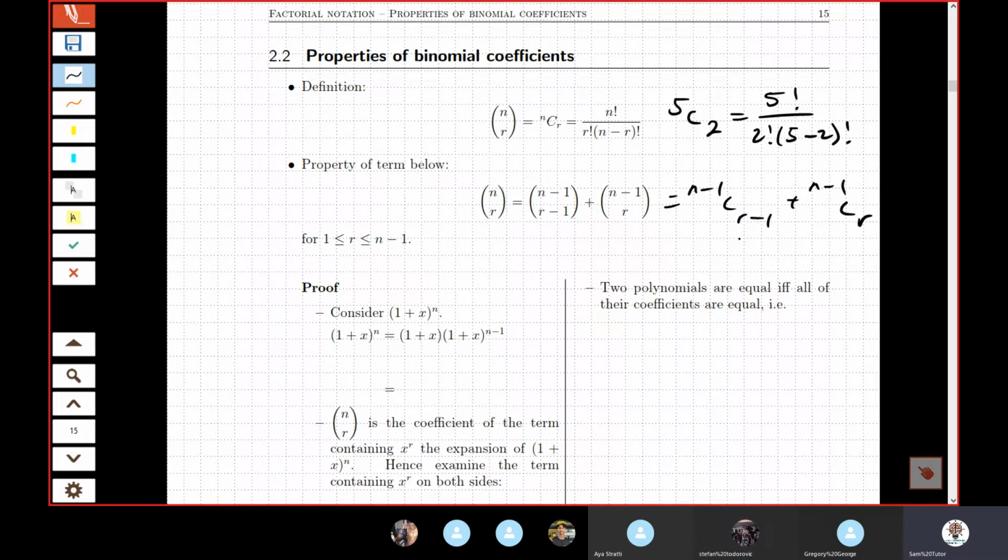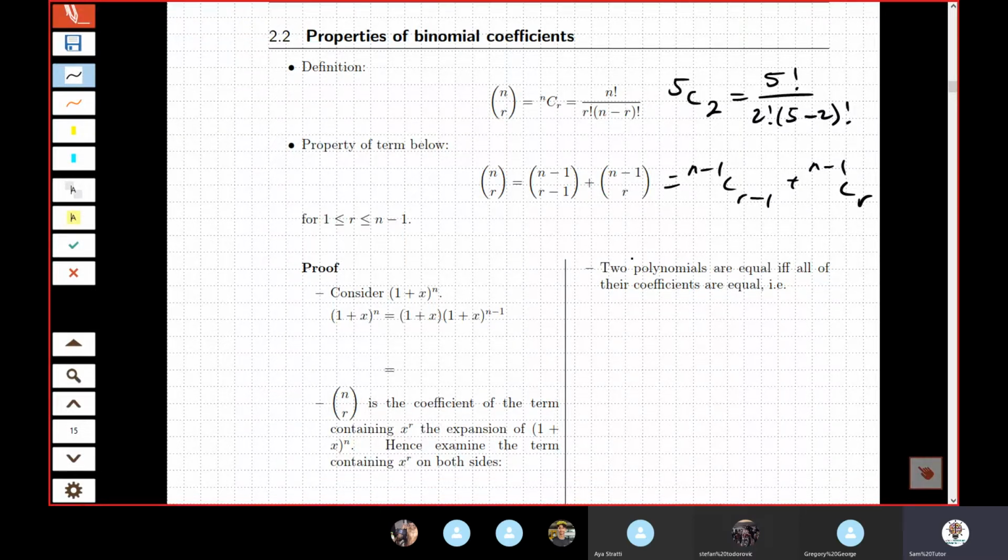If they needed you to use this property, they will put it as part of (ii) or something like that, or (i), before you move on to the last part. So it's a good property to know. It's not something you have to memorize. Any questions about that? No? Okay.